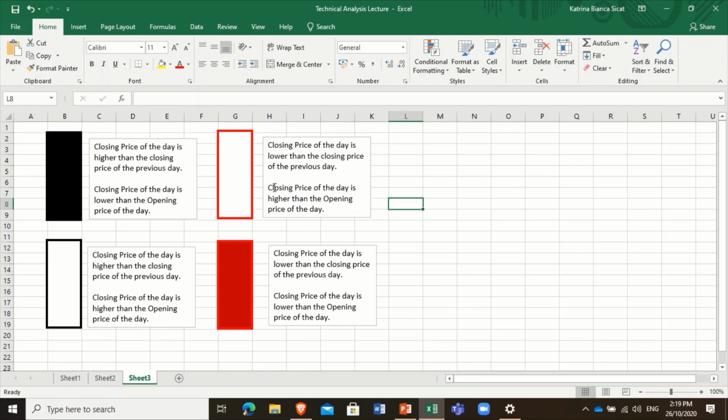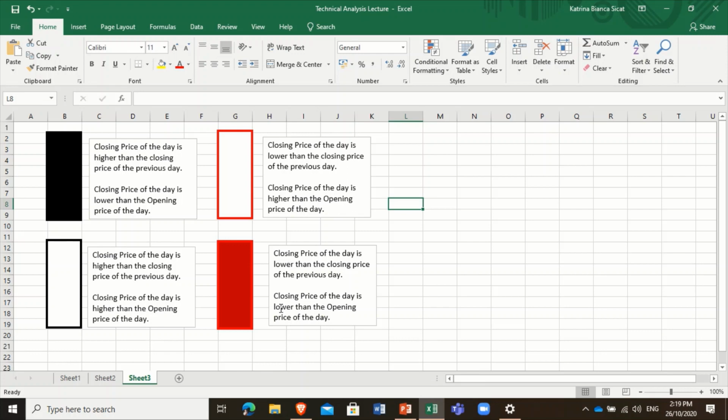But the difference is, with the hollow red, ito yung muntik na. Muntik na, pero buti na lang. Okay, bakit? Closing price of the day is higher than the opening price of the day. Unlike itong filled red, closing price of the day is lower than the opening price of the day.